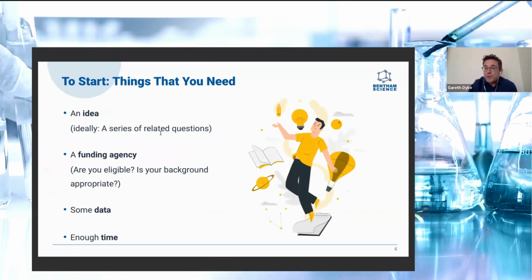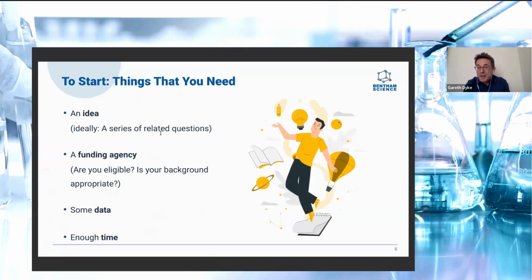One great resource is our partners at Scientify Research, and we'll give you that link a little later in the event. Scientify Research is a way of identifying funding agencies applicable to you and your research. You'll also need data, as we've already talked about, and enough time to put the proposal together.